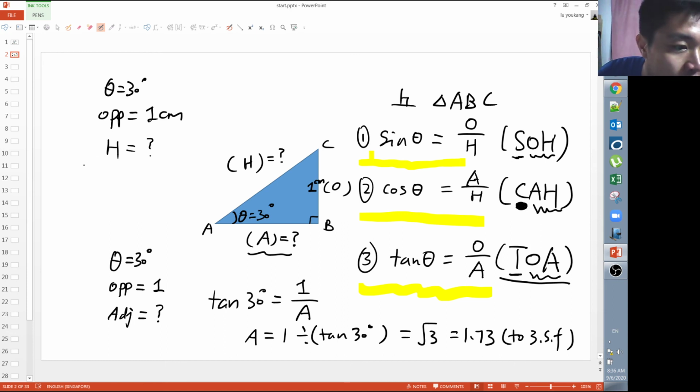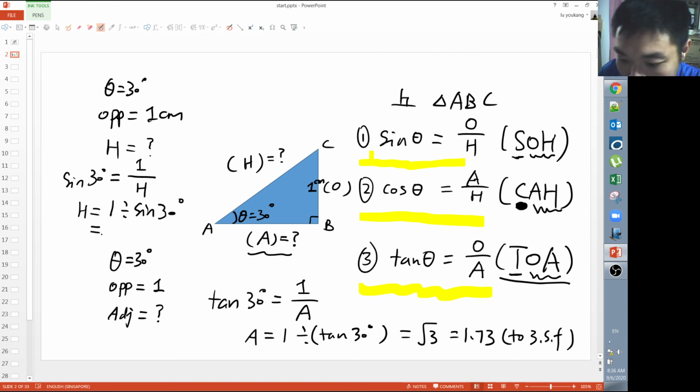So sine of the angle is equal to the opposite, which is 1, over H. Your H should be equal to 1 divided by sine 30 degrees. Let me punch my calculator. You're supposed to get the answer 2. The value of H is 2.